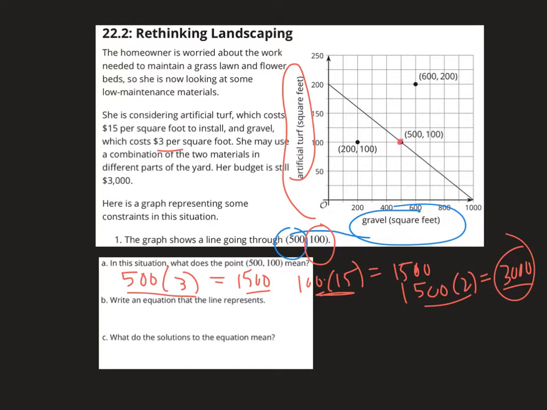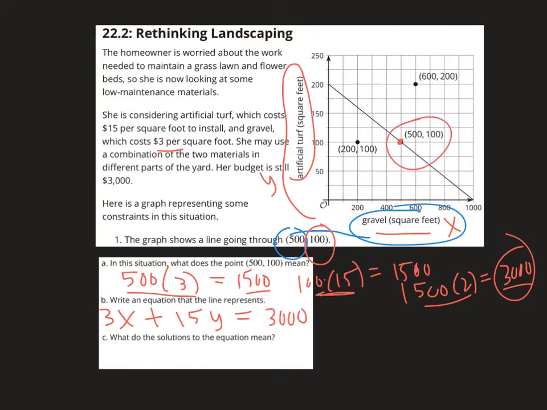So in terms of an equation, we'd say that's a solution to the equation. Well, what equation? Oh, well, X number of square feet of gravel, because this is going to be our X and this is our Y, times 3, add that to the $15 of cost times the square feet of artificial turf, that should yield us $3,000.